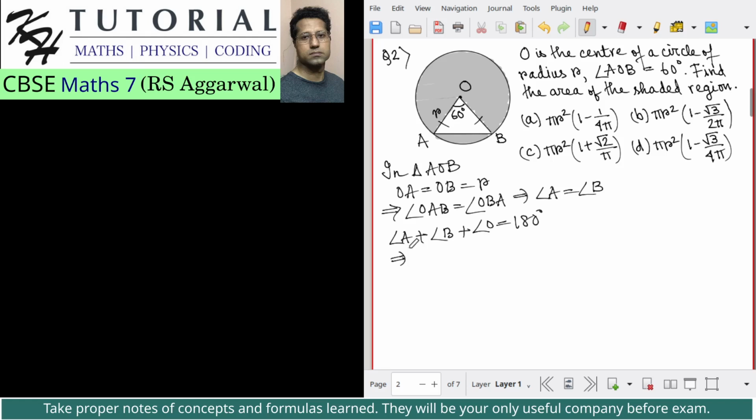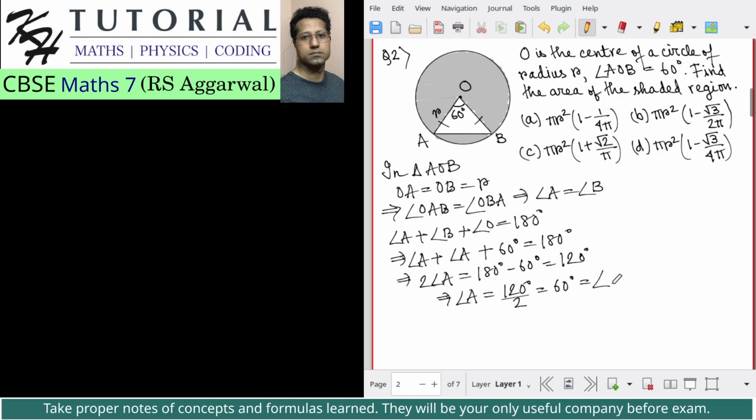So we can write angle A plus angle A plus angle O, which is 60 degree, equals 180 degree. This implies twice of angle A is equal to 180 degree minus 60 degree, which is 120 degree. So angle A is 120 degree by 2, which is 60 degree. So all the angles of the triangle OAB are equal to 60 degree, which means it is an equilateral triangle.